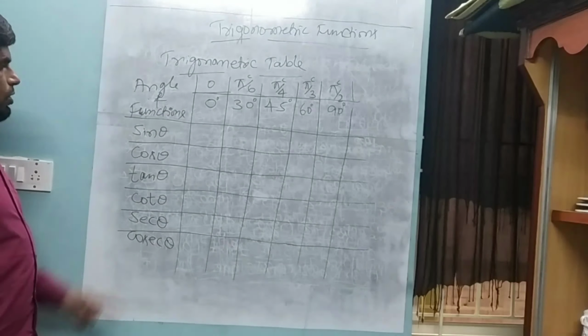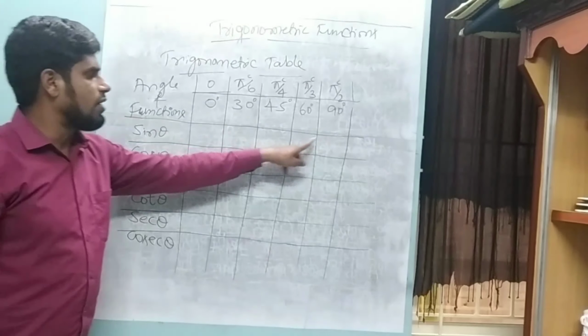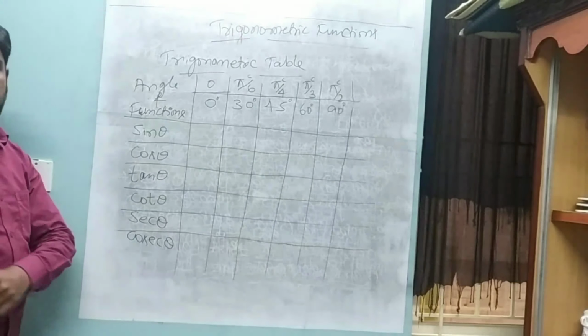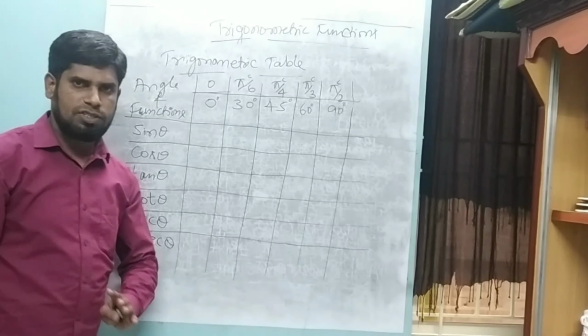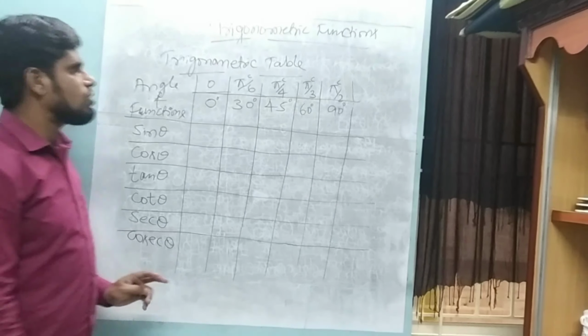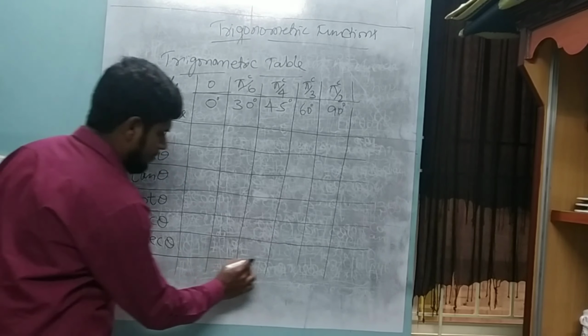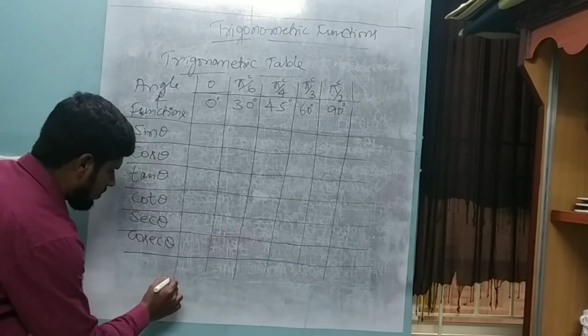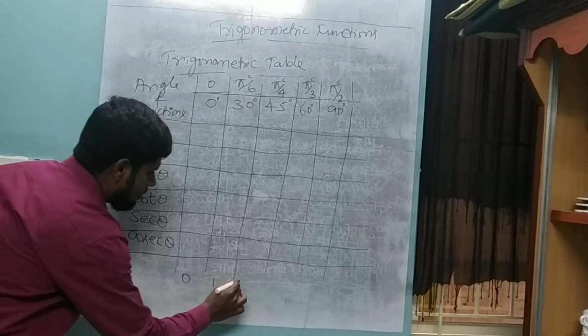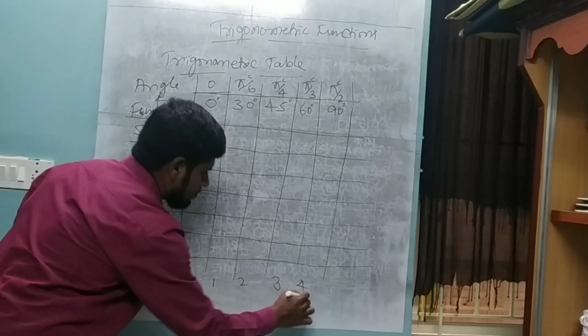So students, to write the values of the sine function, we just need 5 continuous whole numbers. So I will write them right below. The 5 whole numbers are 0, 1, 2, 3, 4.